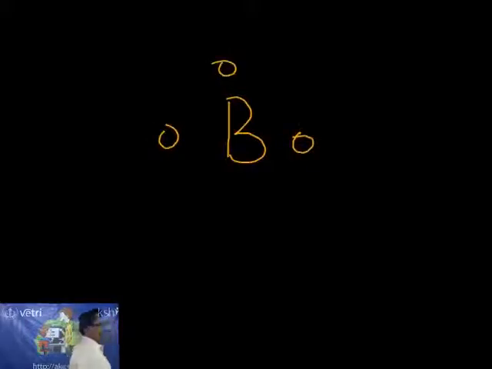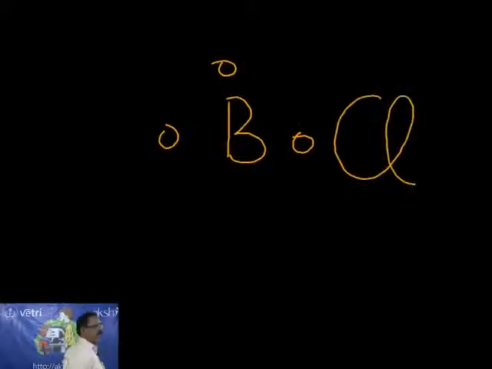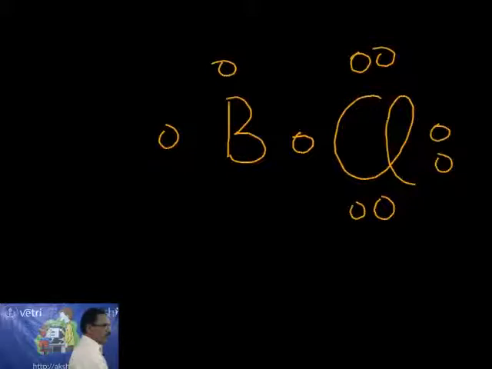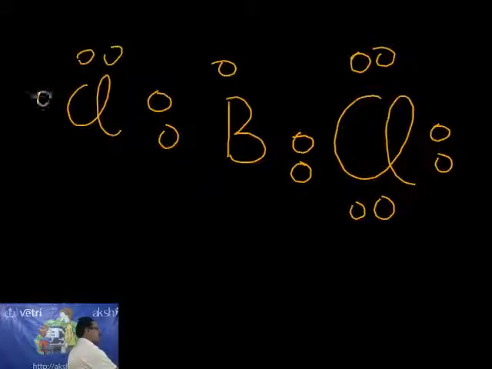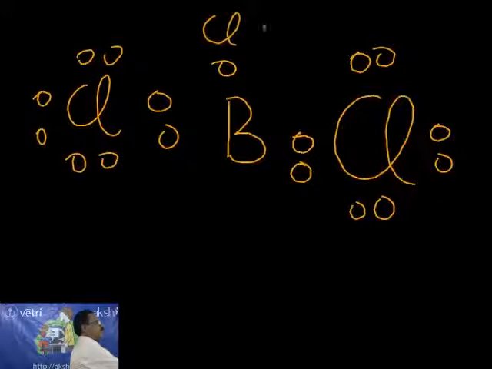Boron in the center, 1 electron here, 1 electron here and 1 electron here. For chlorine, as I already pointed out, there are 7 electrons in the outer shell: 2 here, 2 here, 2 here, and one more here. The same way for another chlorine atom, 2 here, 2 here, 2 here, and there is one more.